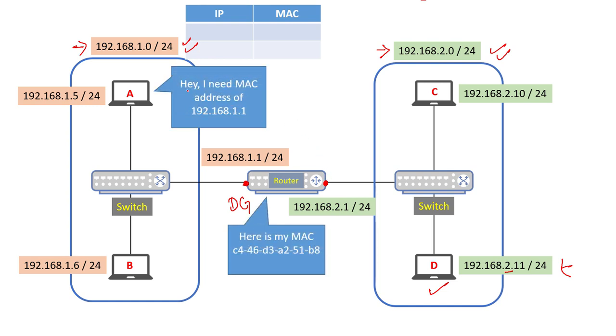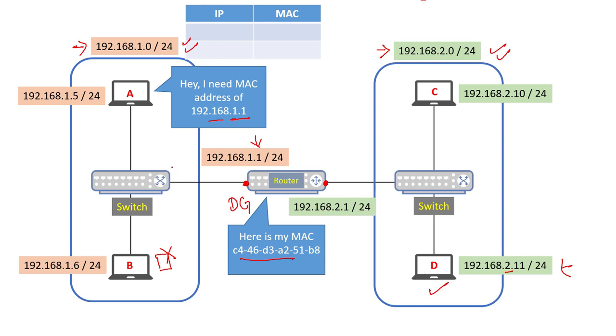So machine 1 will say, hey, I need the MAC address of 192.168.1.1. So 1.1 is the IP of the default gateway for this network. And the router will say, yeah, it's me, and here is my MAC. So it's an ARP request. This will also be received by device B, and it will discard it because it's not destined for it.